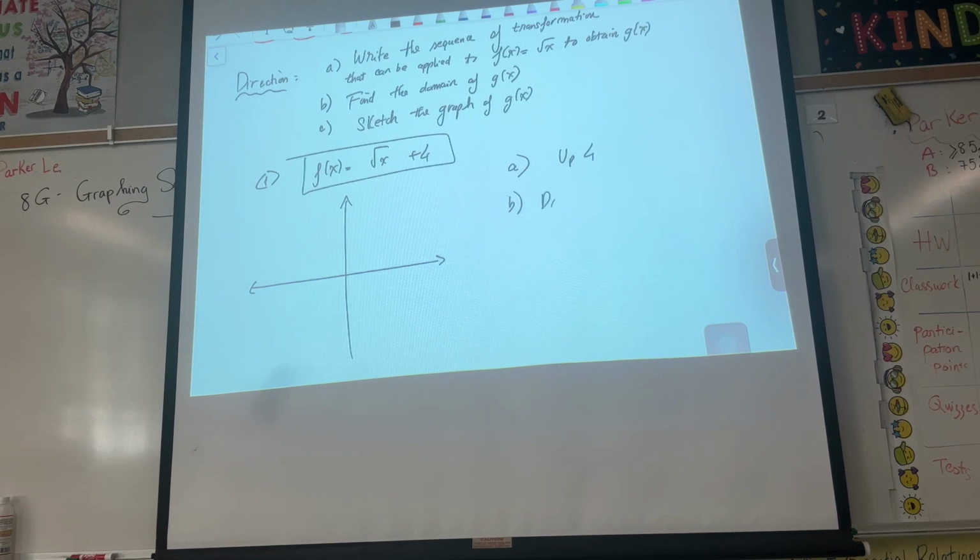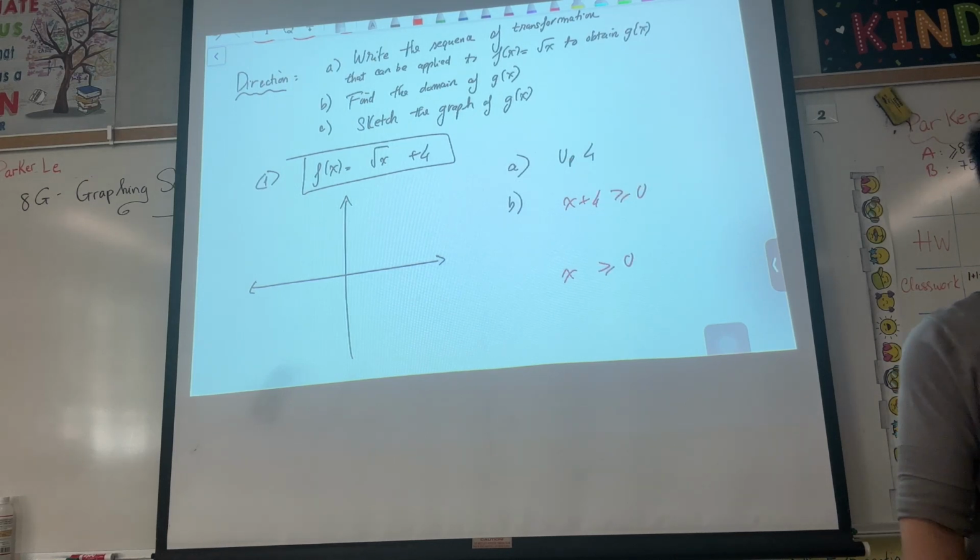You only need the number inside the square root. So inside the square root, in here. You want to find the domain.